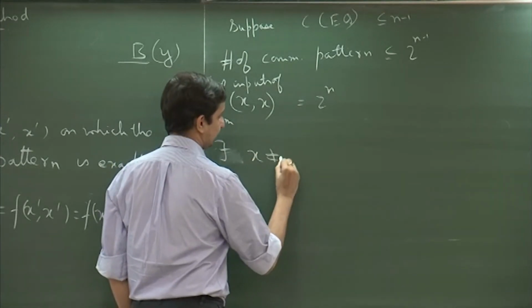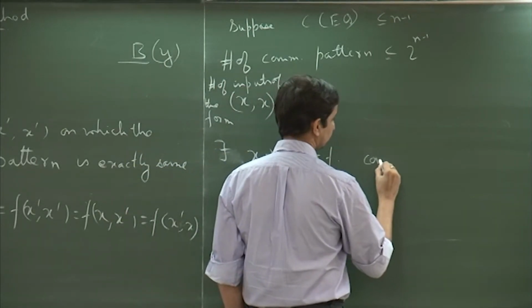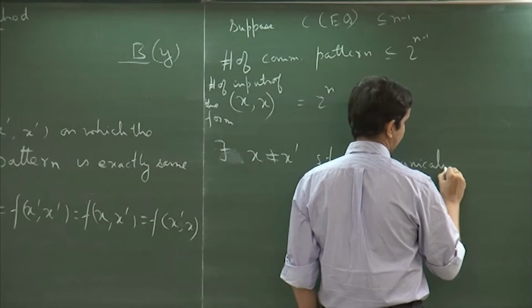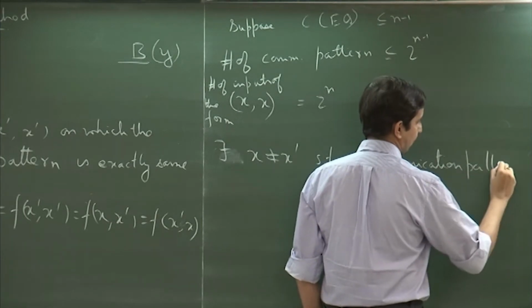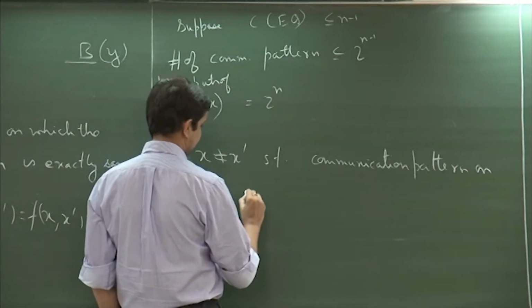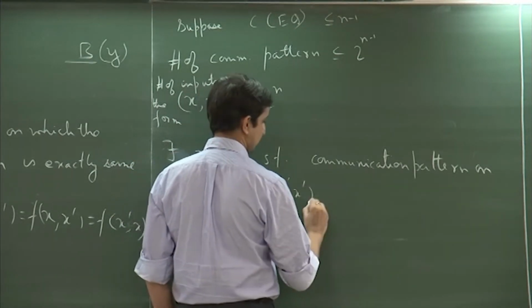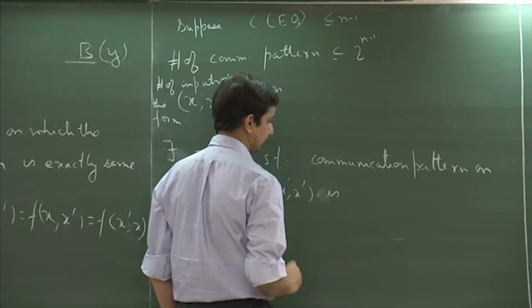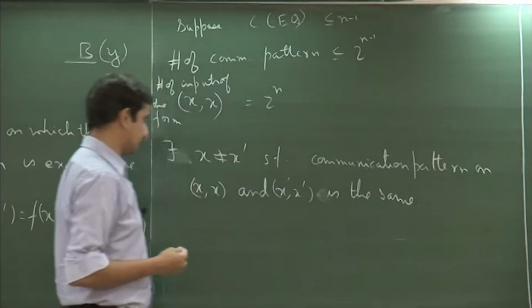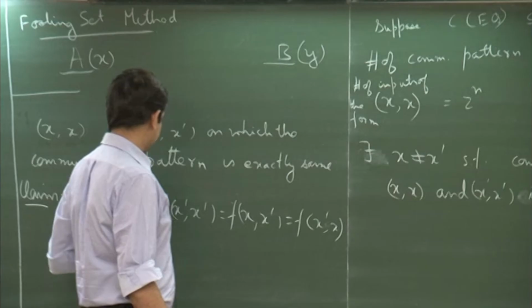So, there exists x not equal to x prime such that the communication pattern on x comma x and x prime comma x prime is the same, by simple pigeonhole principle.